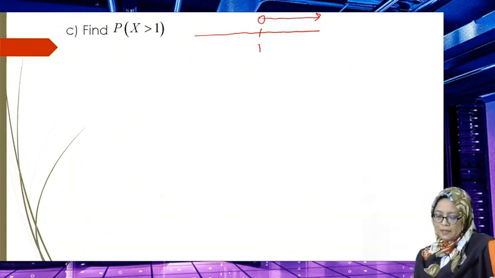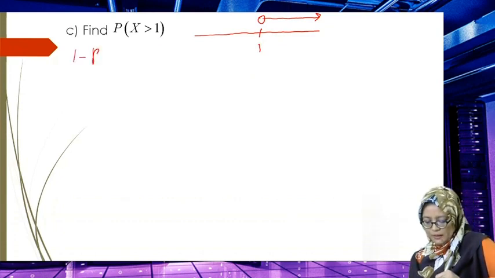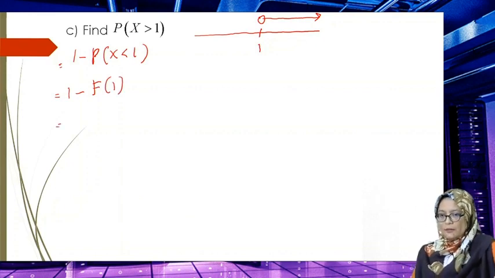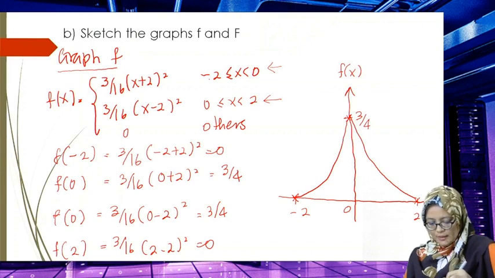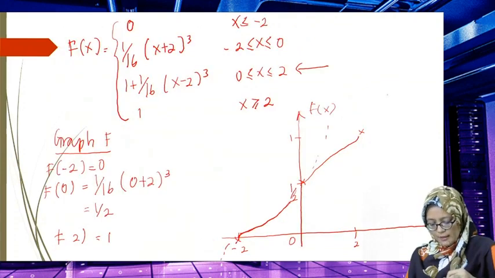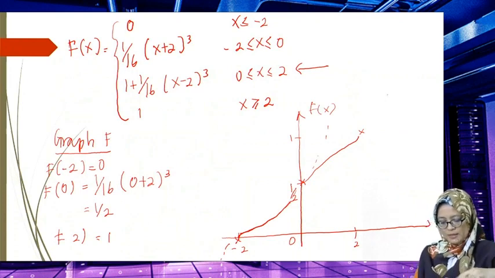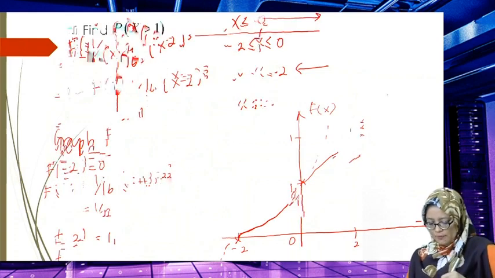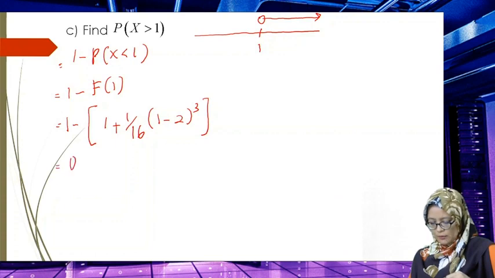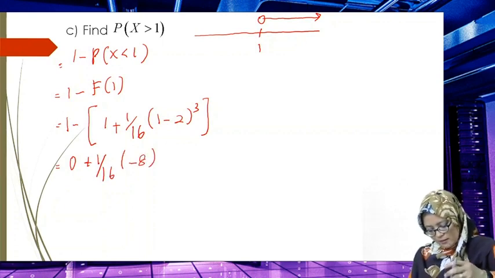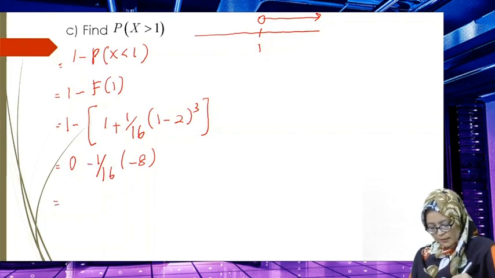Since we already have the cumulative function F, we take 1 minus probability x less than 1, which equals 1 minus F(1). So looking back, x equal to 1 is in which function? Here. So we substitute x equal to 1 into the function 1 plus 1 over 16 (x minus 2) cubed. So 1 minus (1 plus 1 over 16 (1 minus 2) cubed). 1 minus 1 is 0, plus 1 over 16 times negative 8, so we get 1 over 2.